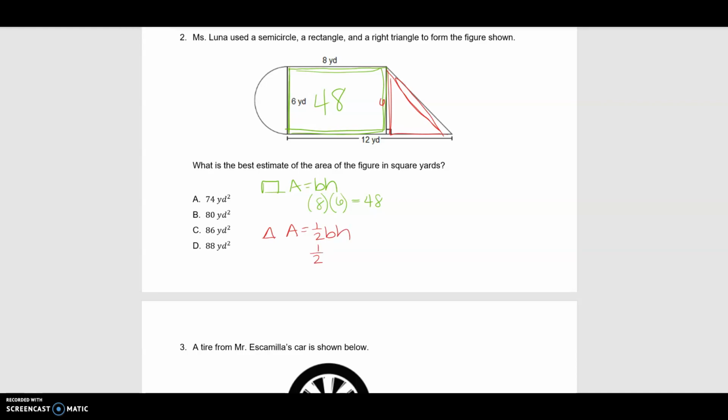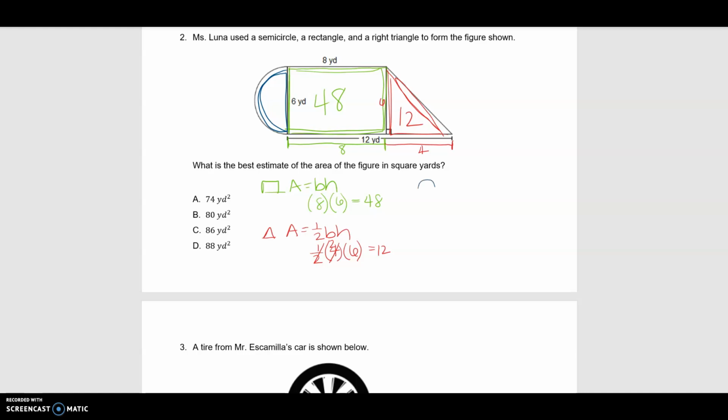From here to here, that's going to be 8, and if I go the rest of the way, that gets me to 12. So 12 minus 8 gives me a base of 4 for my triangle. So 4 times 6, half of 4 is 2, 2 times 6 is 12. And then I have a semicircle, which it tells me.